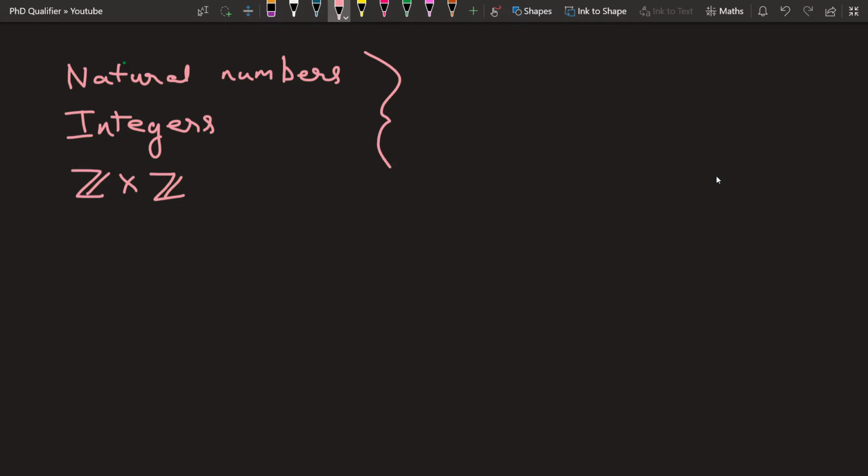So all these fall under countable infinite sets. Things we count.